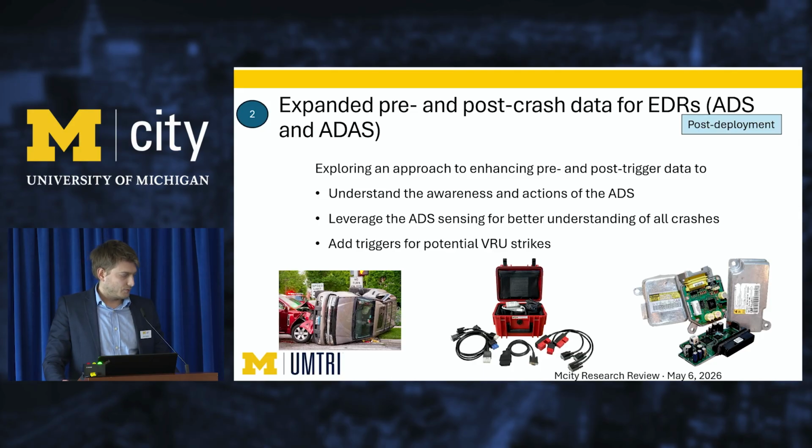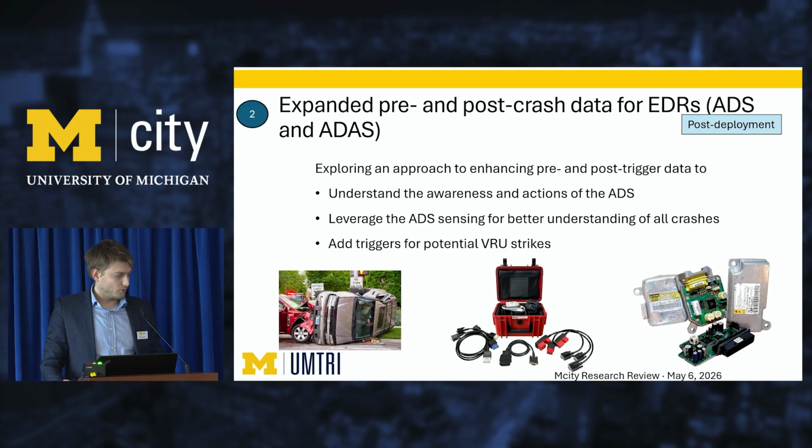And the other thing that we were looking into was to leverage ADS sensing for better understanding of all crashes. Even if a human driver, or an L2 driver, was driving in that collision scenario, we need to understand what the perception stack has seen, because otherwise we think we're leaving evidence on the table with this kind of rich perception stack.